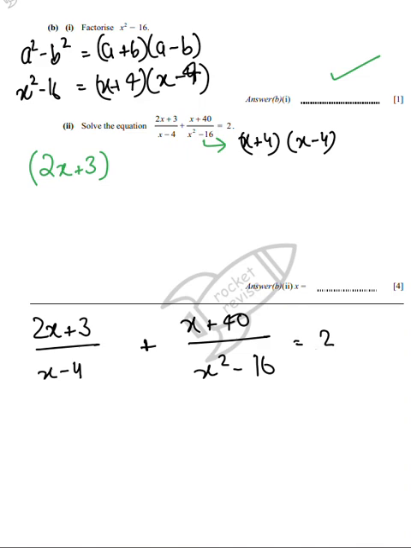So instead of writing x squared minus 16, I can write this as (x + 4)(x - 4). Can I? Okay, I definitely can.